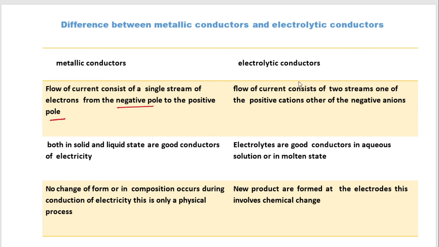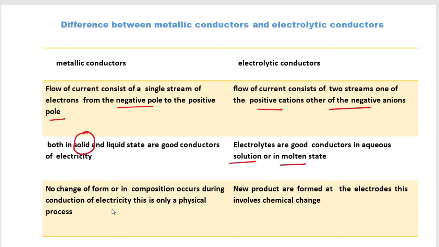But in an electrolytic conductor, the flow of current consists of two streams, one of positive cations and another of negative anions. Clear? Metallic conductors are good conductors of electricity in solid state also, but electrolytic conductors will not conduct electricity in solid state, only in molten and aqueous state.